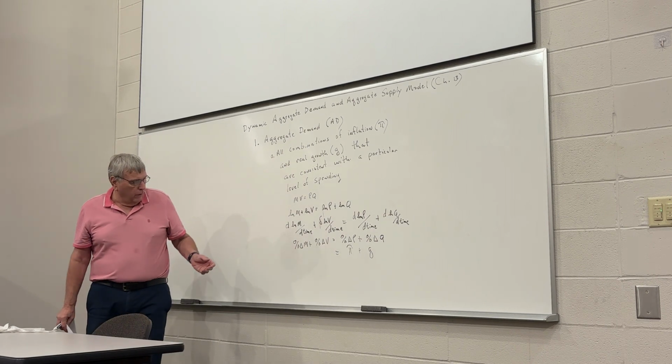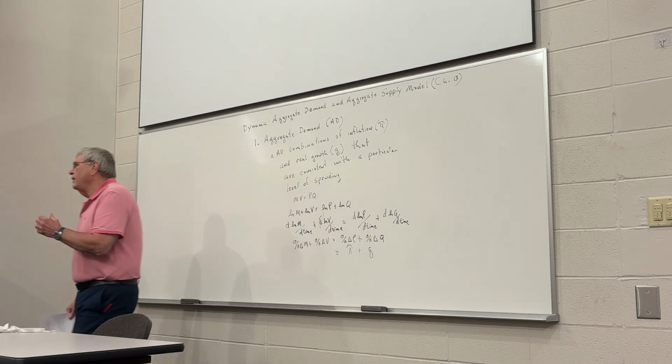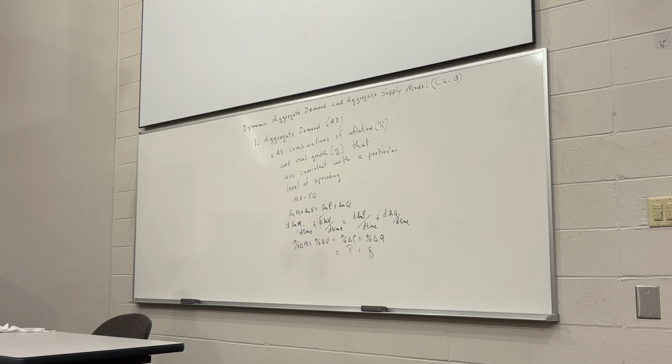And really, what did we say? Velocity changes generally very little. People's spending generally stays the same, although there are times it really does change dramatically, right? What happened when they started shutting down the economy around COVID? What happened to the money that people had?